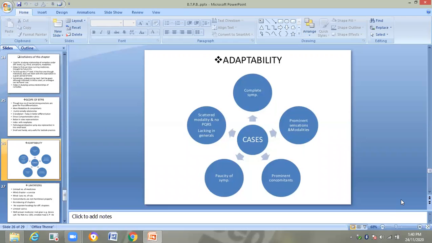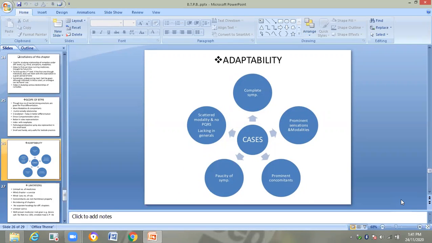So which are the cases in which we can use BTPB? The cases where we get the complete symptom or prominent sensation and modalities or prominent concomitants, or if there is paucity of symptoms, as well as the cases in which the modalities are scattered and we cannot find any PQRS symptom.